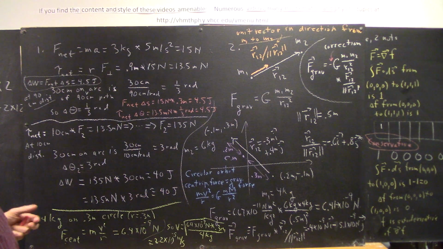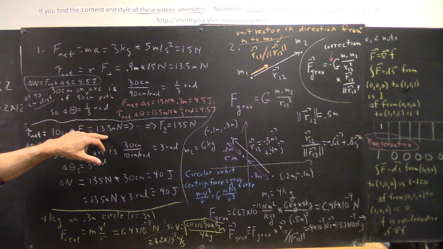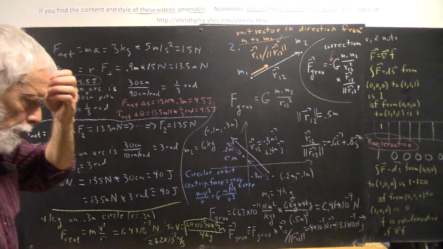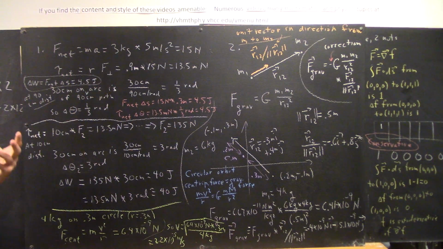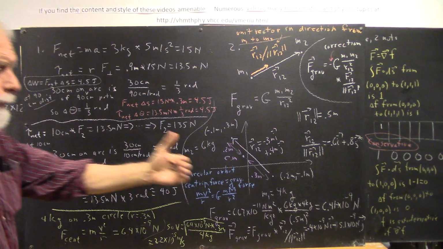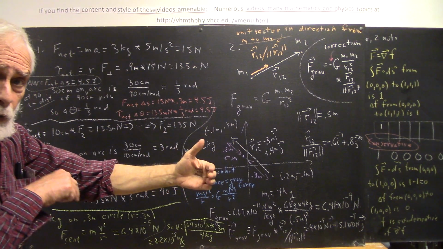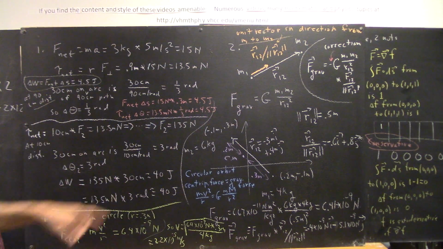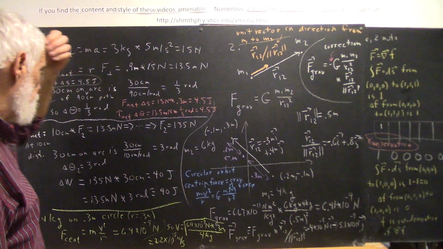And it's pretty easy to see if you're producing this torque by a force acting at 90 centimeters from the axis, then if you want to produce the same torque only 10 centimeters from the axis, you're going to need 9 times the force. And this is 9 times the force.